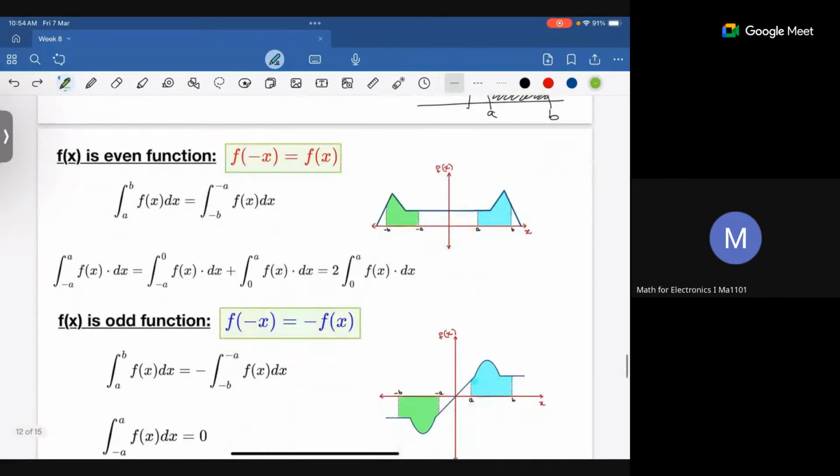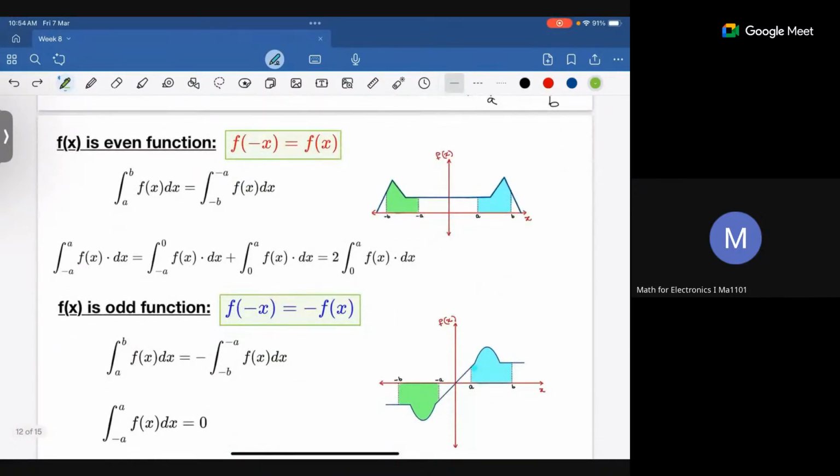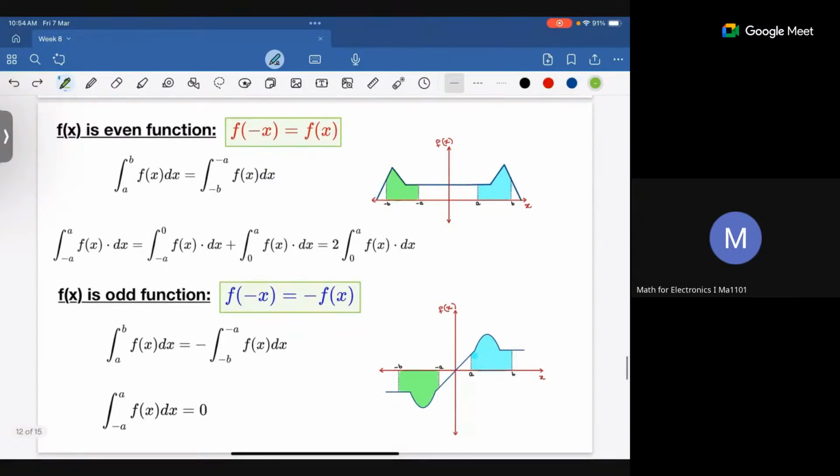Okay, and then comes even and odd. If your function satisfies much more properties apart from being just a function, if your function is an even function, what is an even function? When f of x is equal to f of minus x, which is symmetric around the y-axis, something like this.